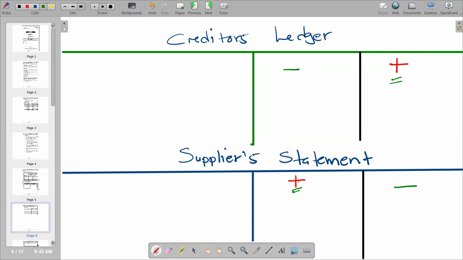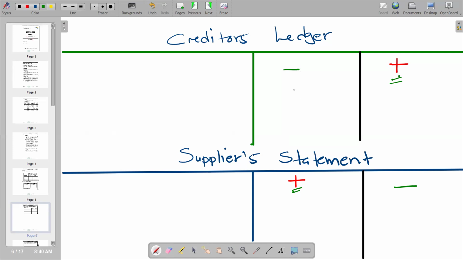So any purchases that are done from our suppliers indicate a debit entry on the supplier statement and a credit entry in the creditors ledger.